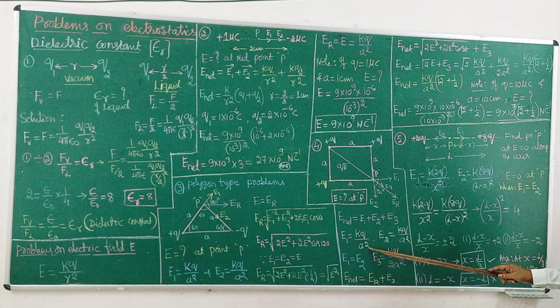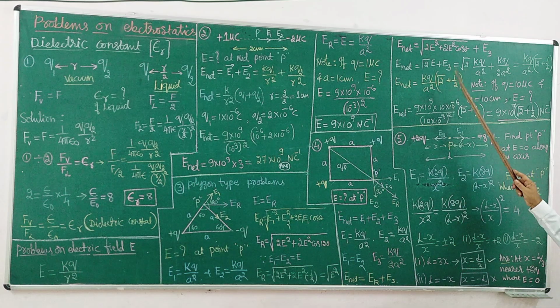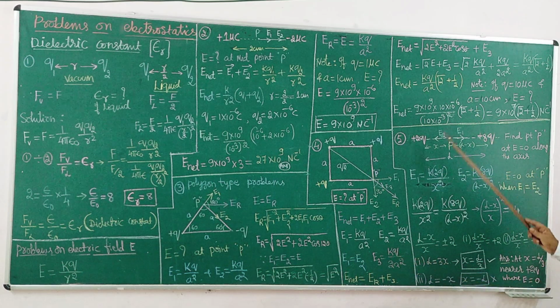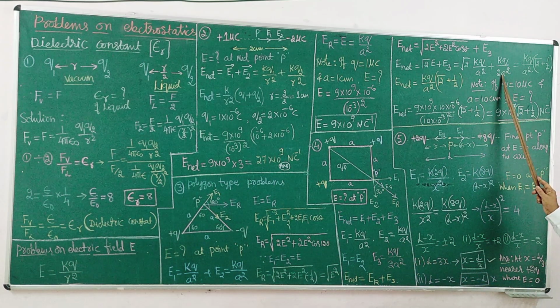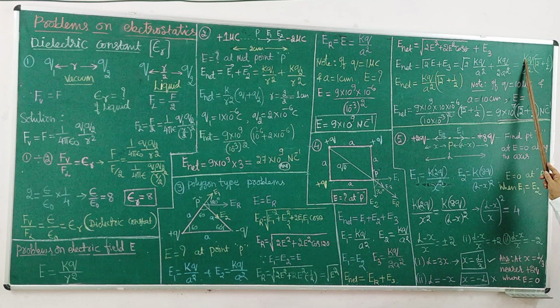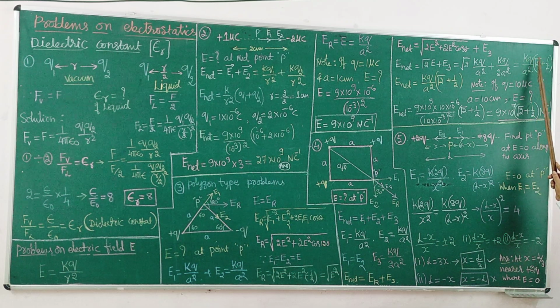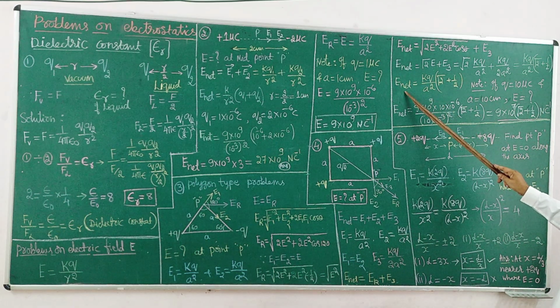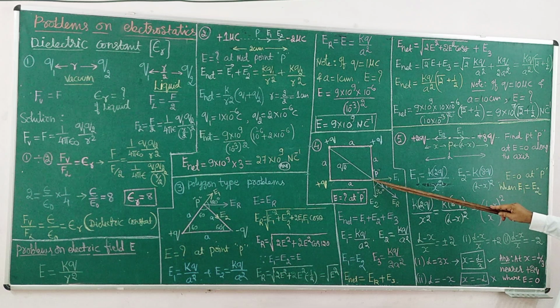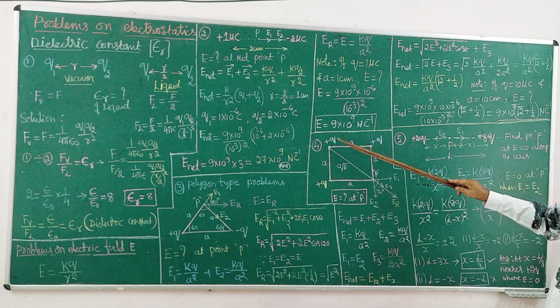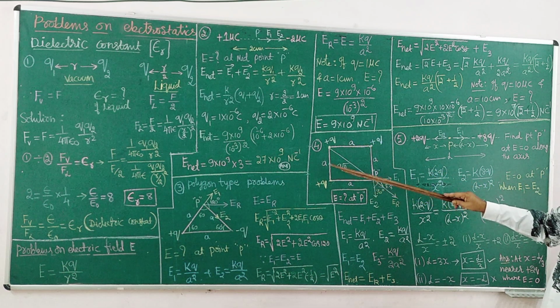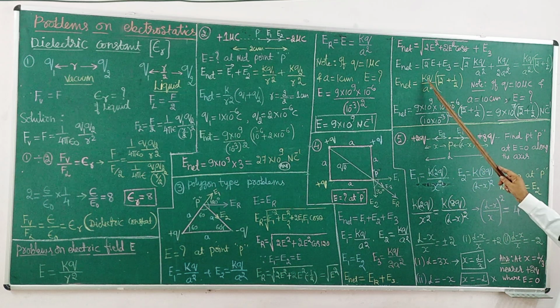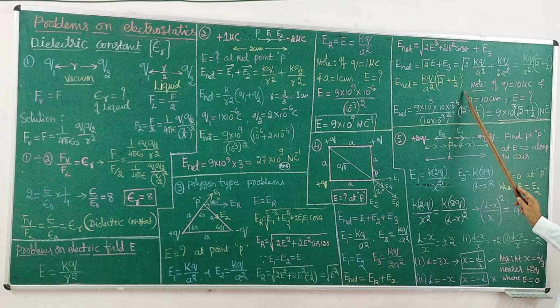That is kq by a square. Substitute for E3, kq by 2a square. And simplify, take out the common factor kq by a square into root 2 plus 1 by 2. That is the net electric field at this point due to all these charges for this geometry of arrangement: kq by a square into root 2 plus 1 by 2.